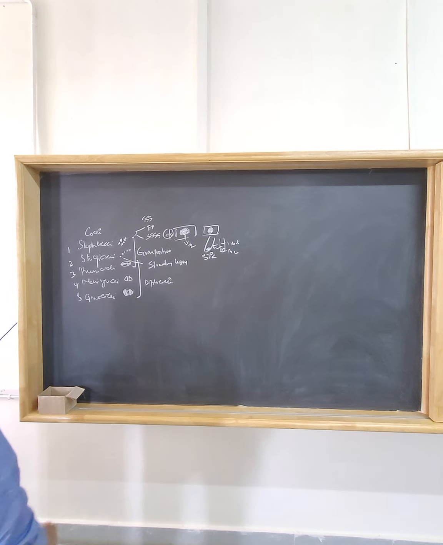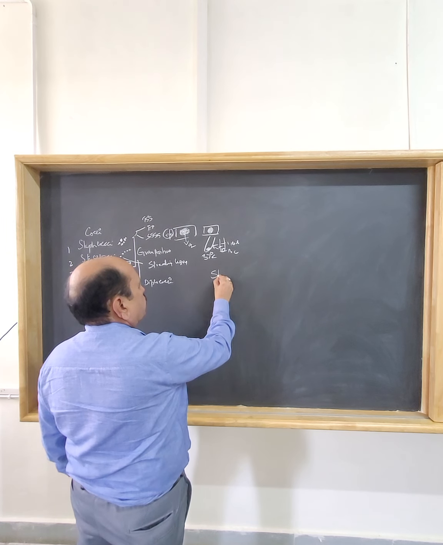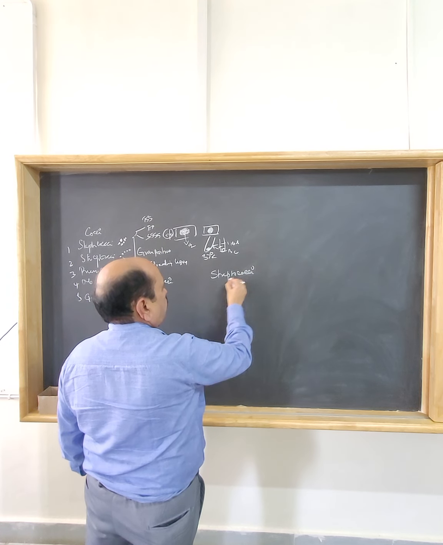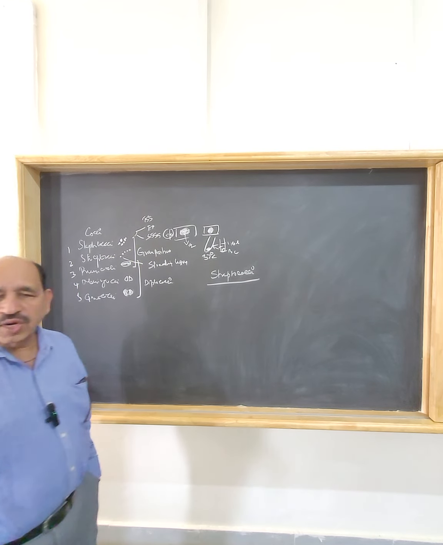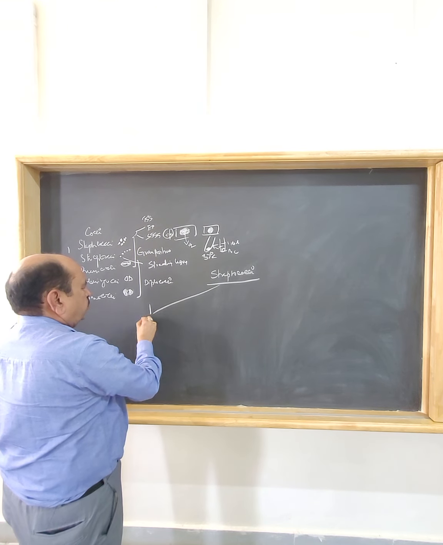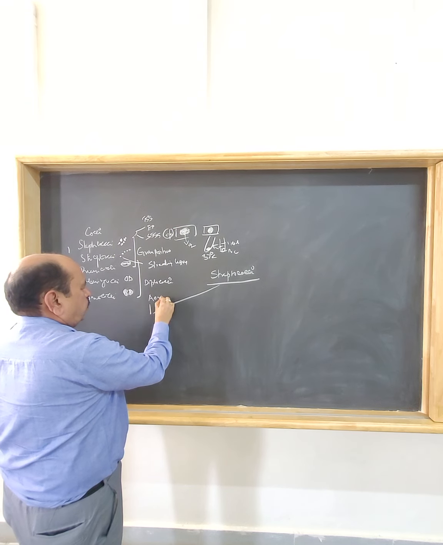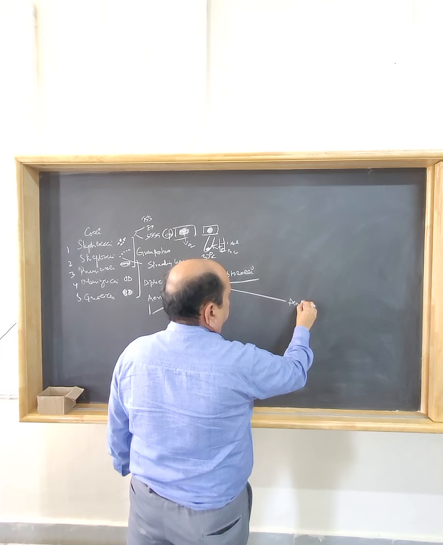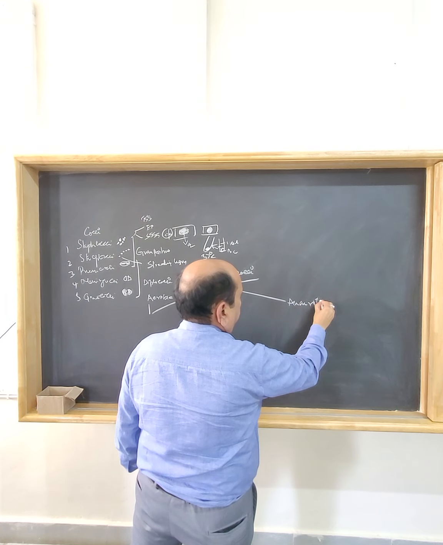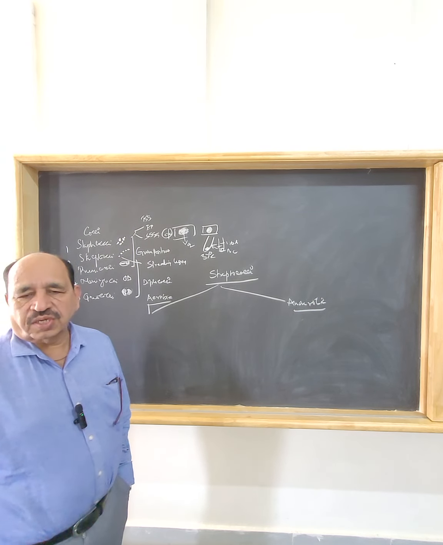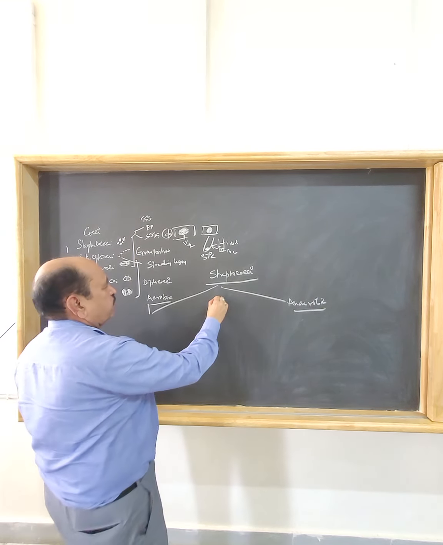Now moving on to the classification of streptococci. Streptococci are broadly classified into aerobic streptococci and anaerobic streptococci.